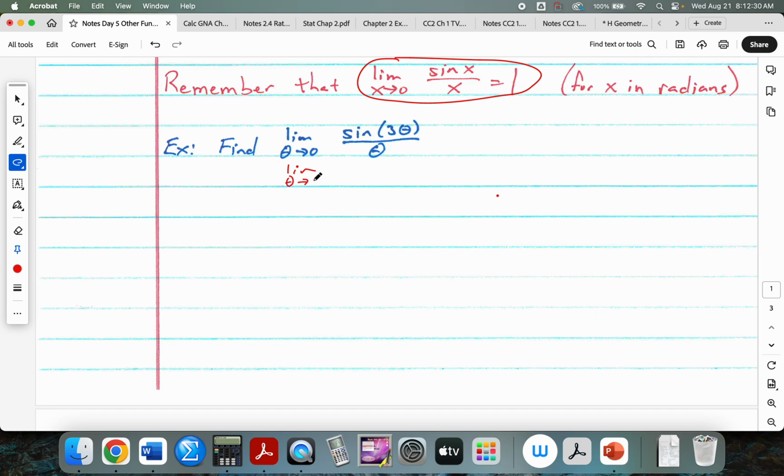So I'll have the limit as theta goes to 0 of 3 times sine of 3 theta over 3 theta. Now this part, as theta goes to 0, that goes to 1. So this limit is 3.